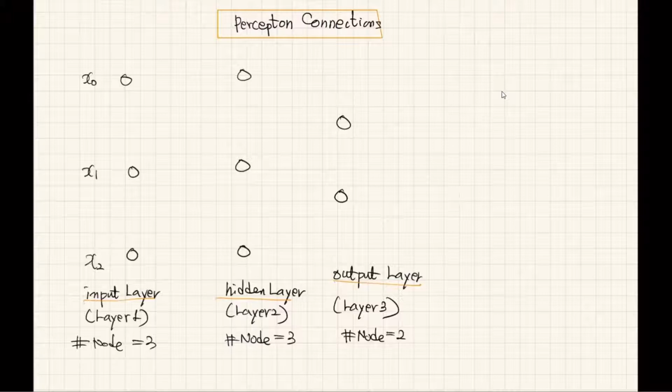Very simple case, but it is okay to develop the conceptual configuration of this deep neural network. If we make these layer structures and node numbers, and they are connected, it becomes a deep neural network.